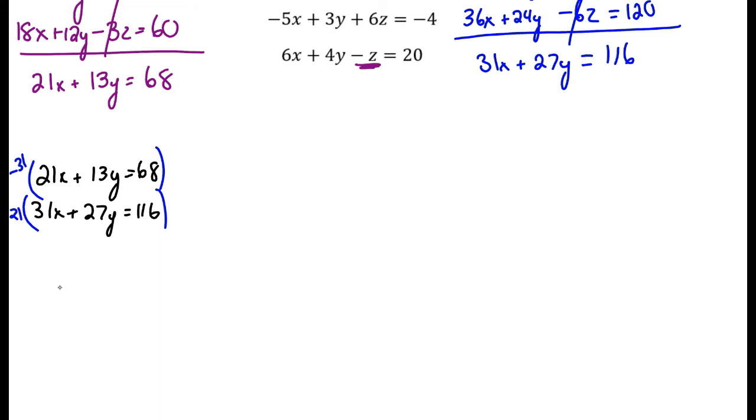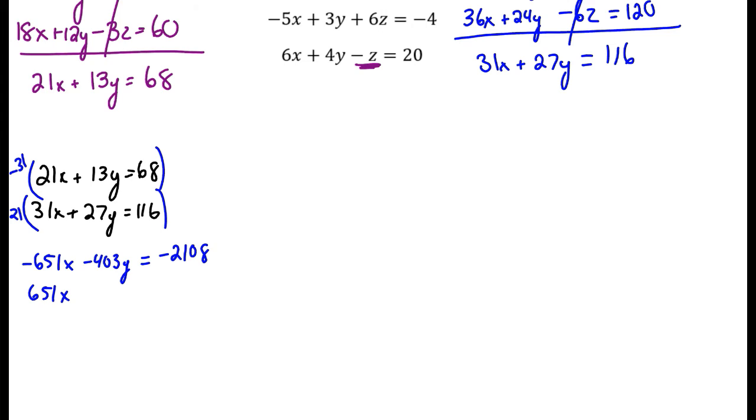So 21 times 31 gives me negative 651x, minus, I'm using my calculator here, minus 403y equals negative 2,108.